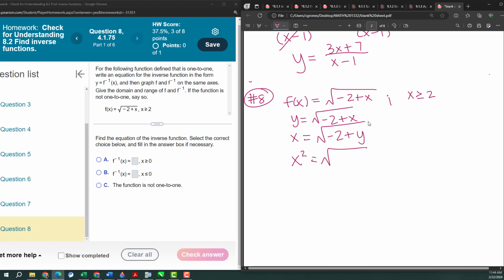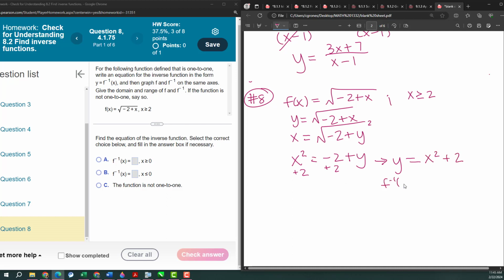So if I square this, that cancels out, and I'm just left with what is inside, which is negative 2 plus y. And to get y by itself, I'm going to add 2 to both sides, and I get that y equals x squared plus 2.